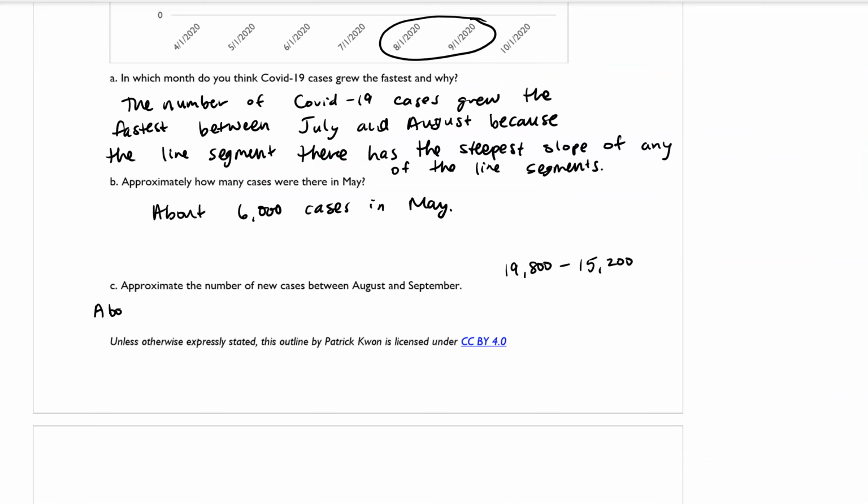So about 4,600 new cases popped up between August and September.